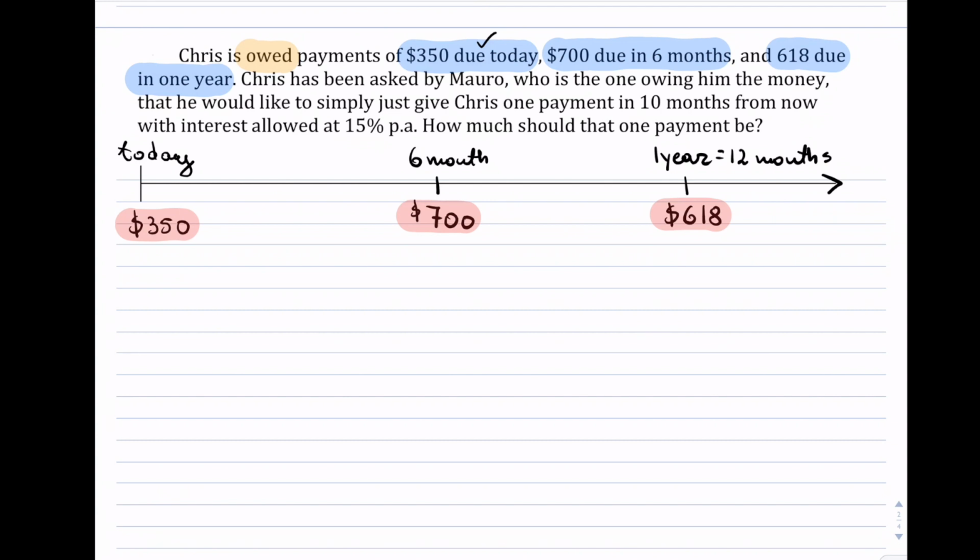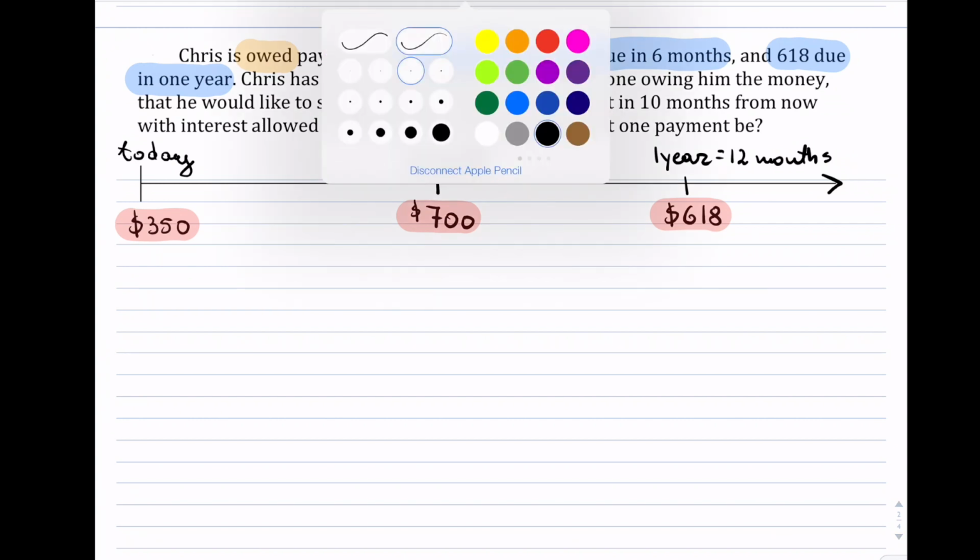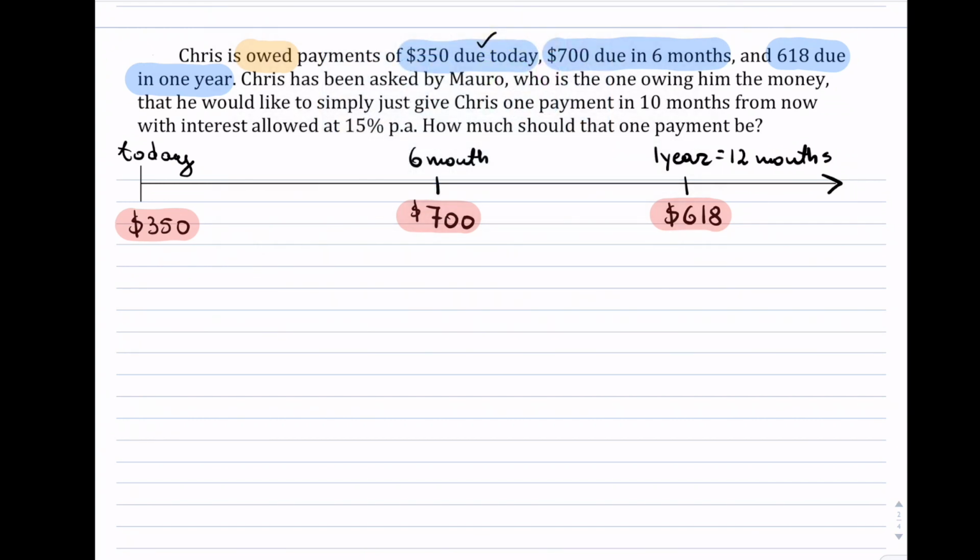He is saying that he just wants to pay one time, but instead of paying $350 today and $700 in 6 months and $618 in 12 months, he's saying, well, I just want to pay you one payment basically, but I want to pay it right here at 10 months. And now, of course, we don't know what that payment is.